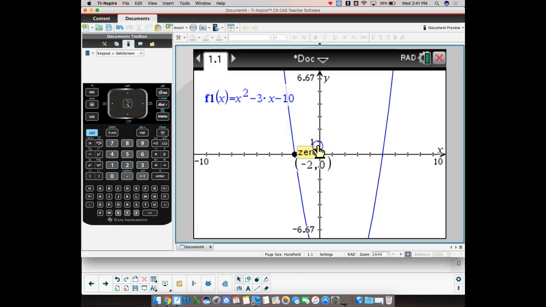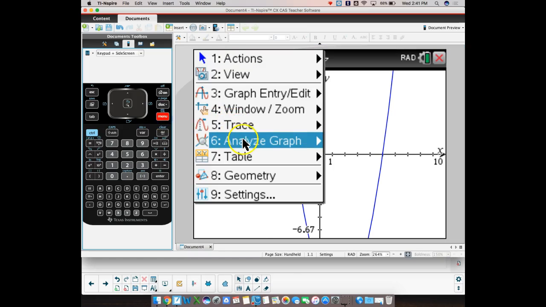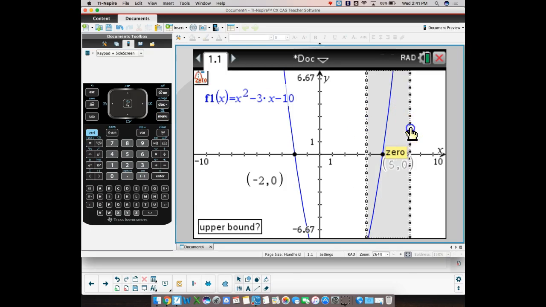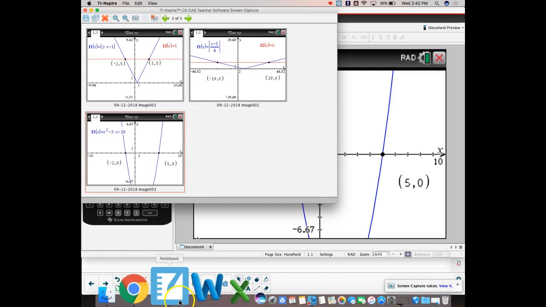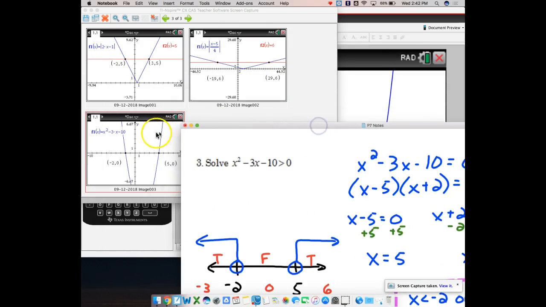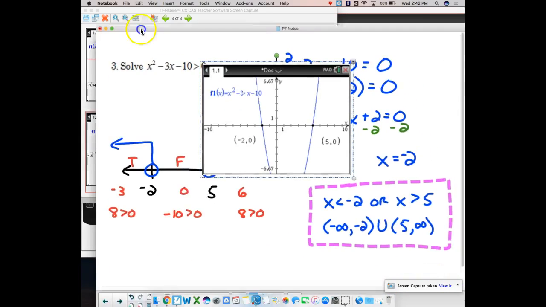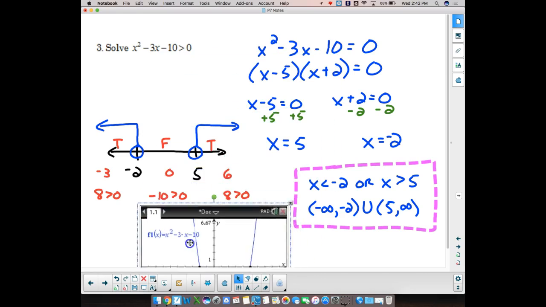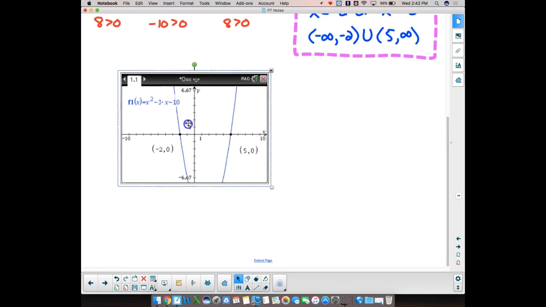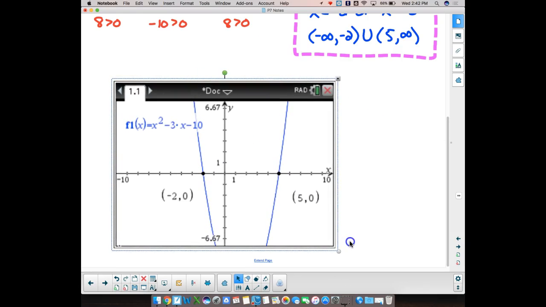I don't even need to put in that other function, if you will, as a 0. Because it was greater than 0, I'm looking for where it's above the x-axis.